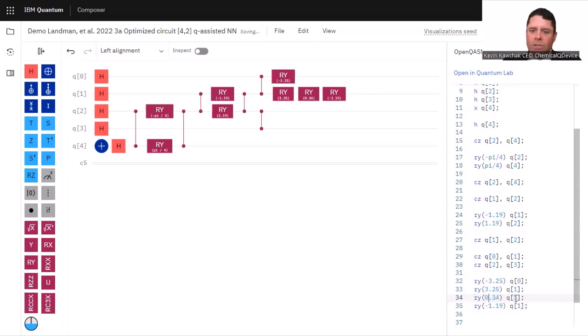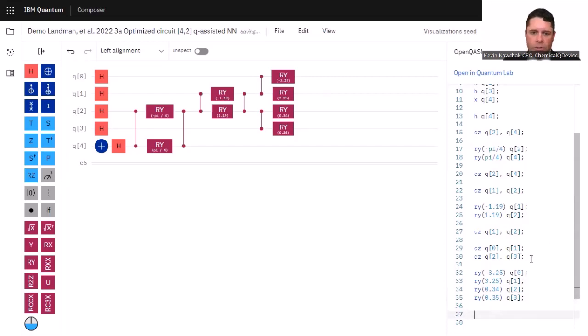Again, this is an optimized circuit, meaning that there was additional effort to make this better. And then you see the 0.34, and then here's another 0.34, and this is going to be at Q3. Okay, so we're going to do a couple of spaces. Now there's a repeat here.